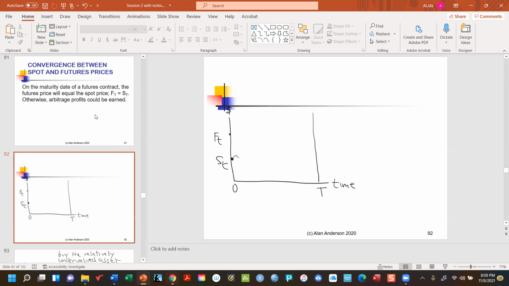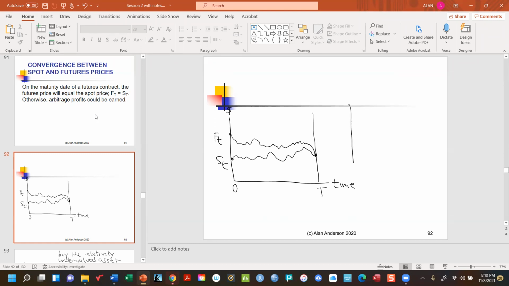And the spot price is here. It goes up and down and up and down, whatever. If the forward futures price is above it, it can stay above it, but it's going to gradually converge. And here they have to be equal to each other.